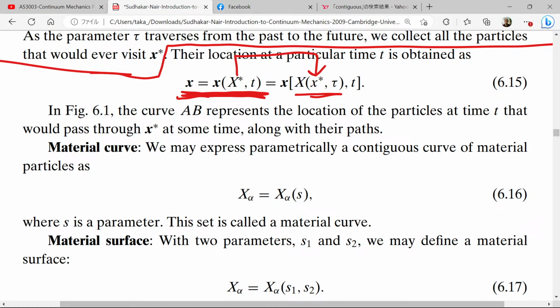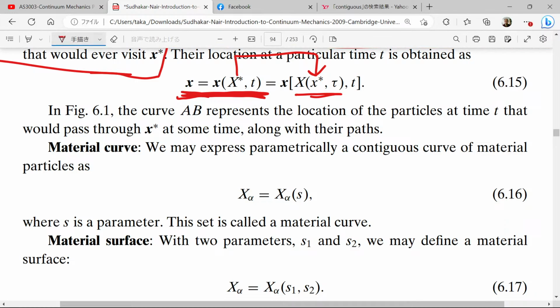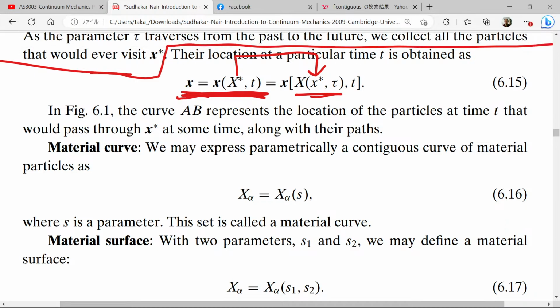Here alpha is 1, 2, 3, or x, y, z, and s is like an index for particles.